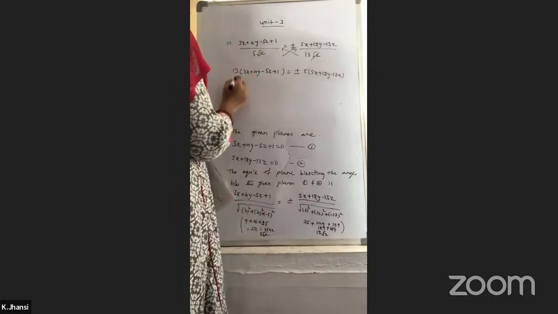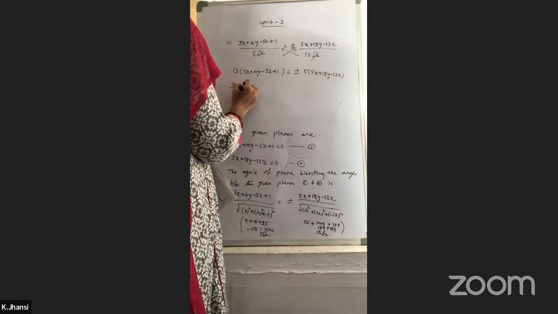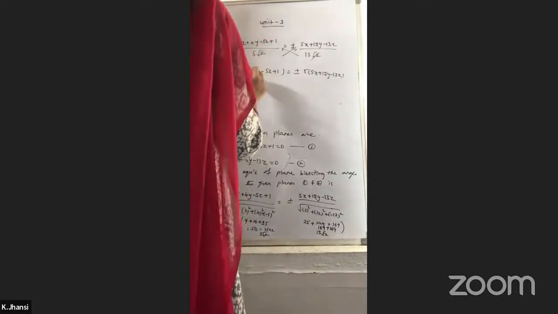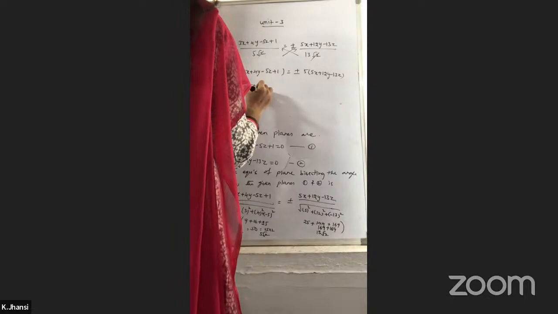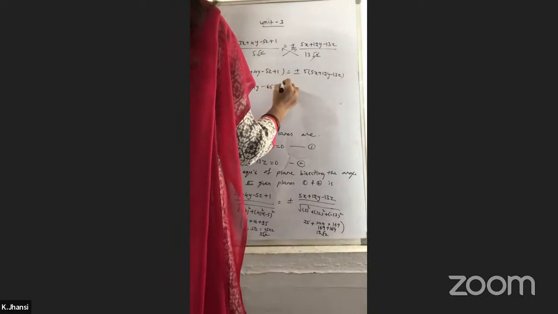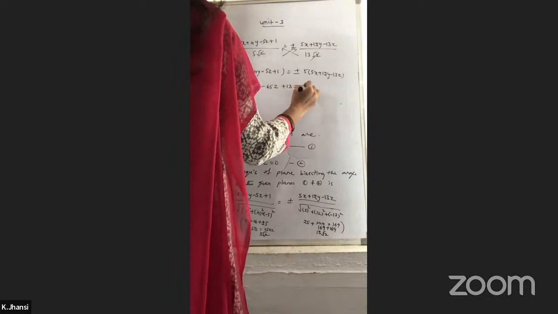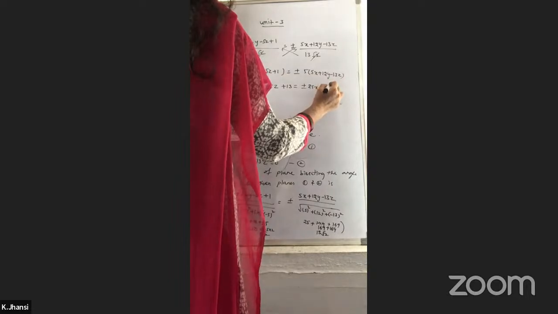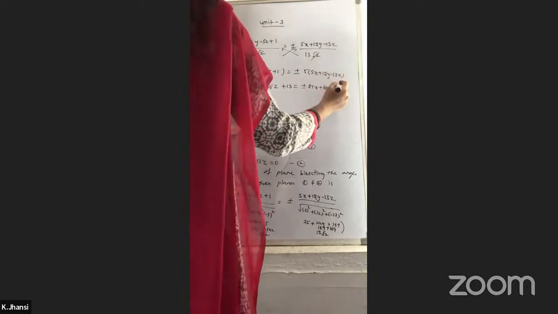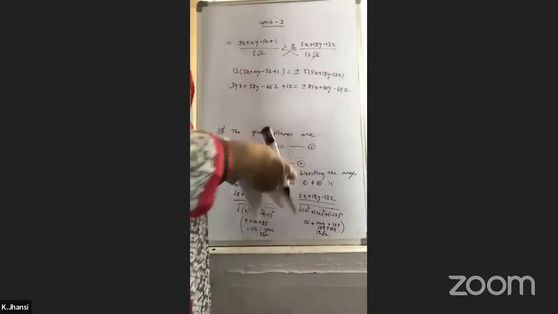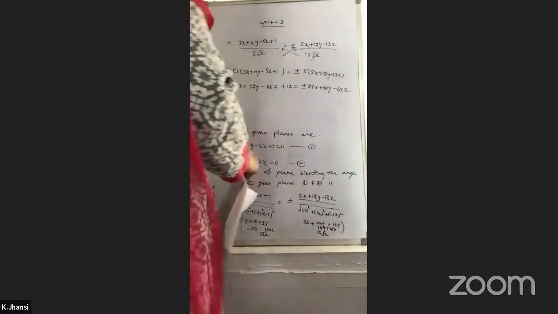Okay, if you multiply this, 13 3s are 39x plus 13 4s are 52y minus 13 5s are 65z plus 13 equals plus or minus 5 5s are 25x plus 12 5s are 60y minus 13 5s are 65z. Okay, so by doing the simplification, we'll get like that.